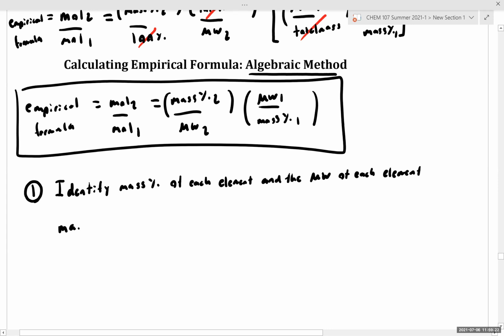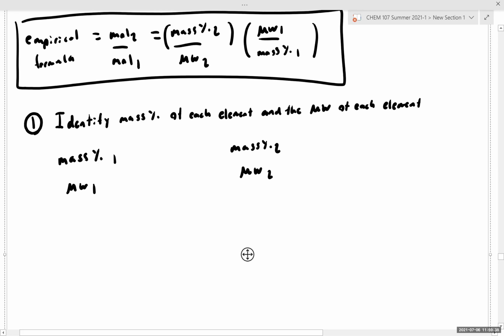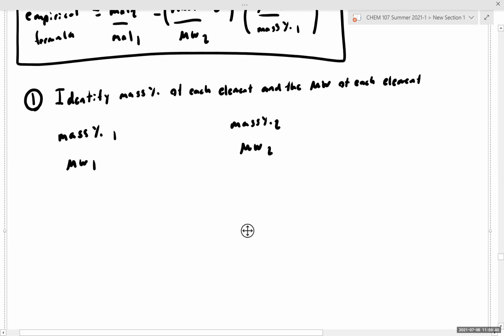So let's suppose you have the mass percentage of element 1, the molecular weight of element 1, the mass percentage of element 2, and the molecular weight of element 2. Now, if you don't just want to directly use this equation that we've prepared, you can instead calculate this stepwise.